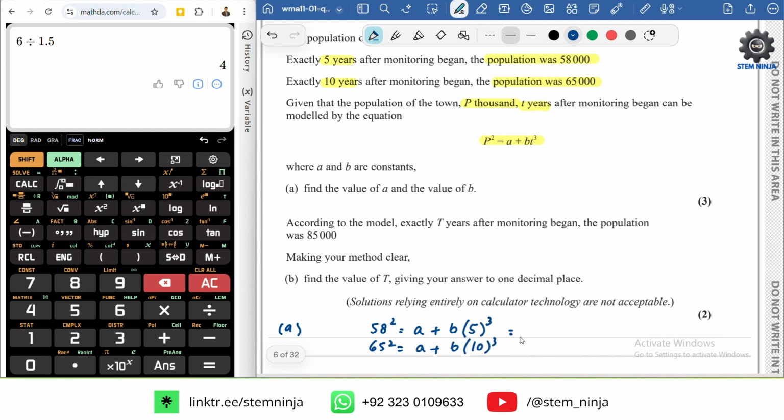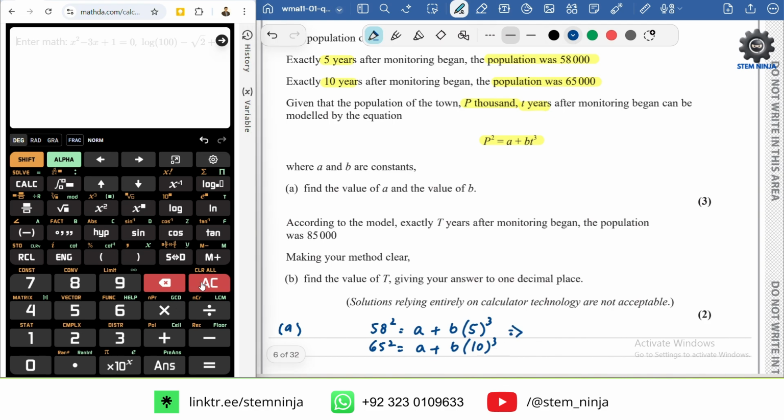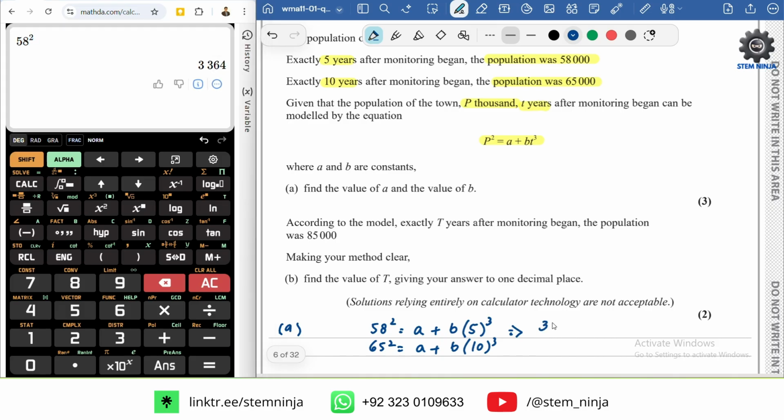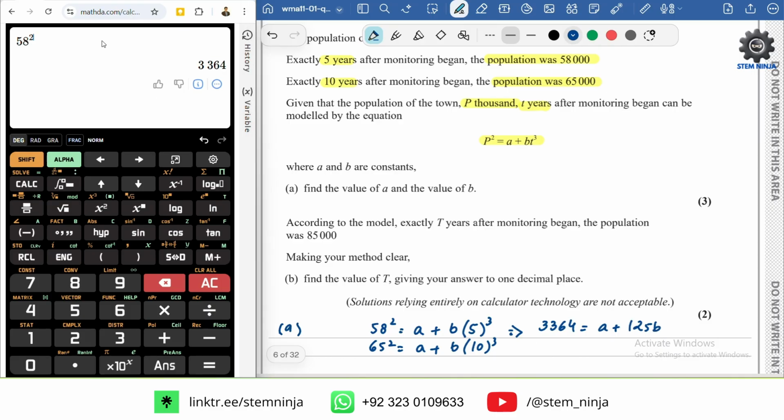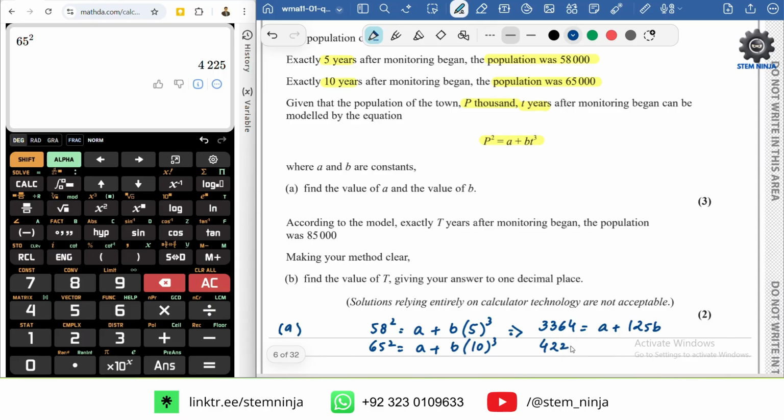Okay, so this simplifies down to 3364 equals A plus 125B, and 4,225 equals A plus 1000B.